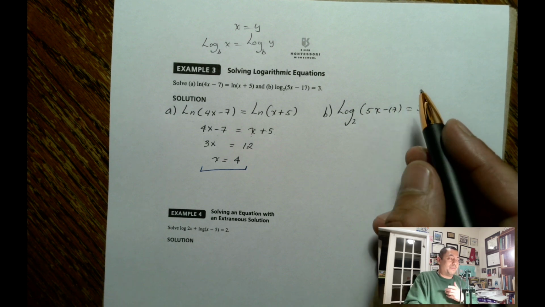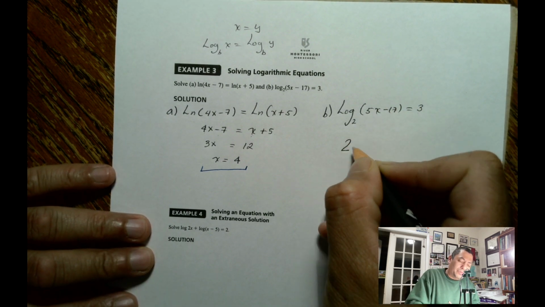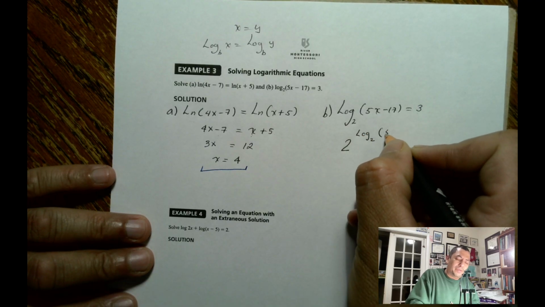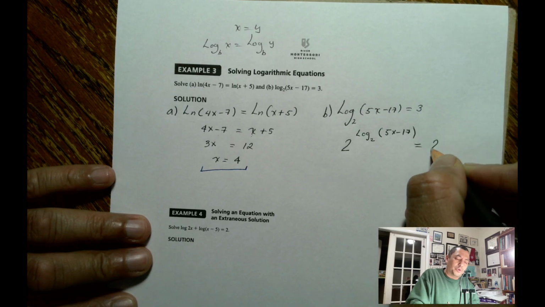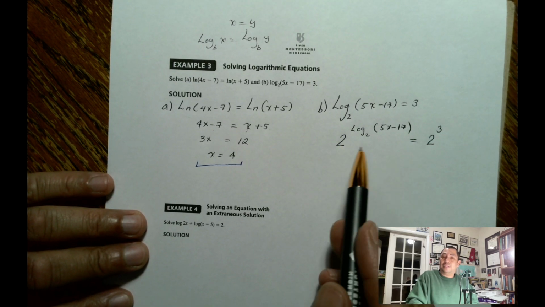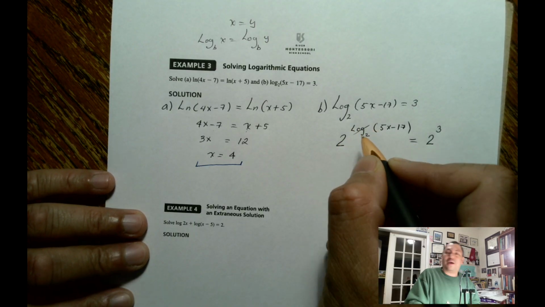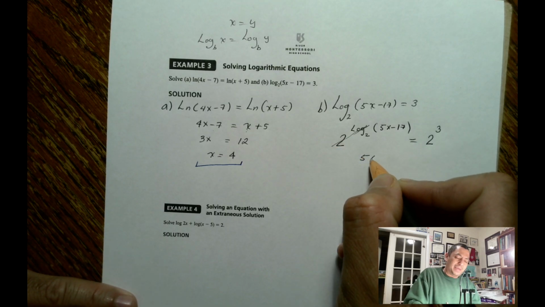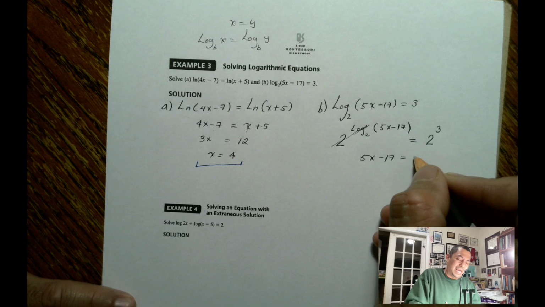So what I'm going to do is write a base 2 and elevate it to each side: 2 to the log base 2 of 5x minus 17 equals 2 to the third power. Now I have the same base elevated to the log, so remember, this kind of cancels out. So I have 5x minus 17 equals 2 to the third power, which is 8.